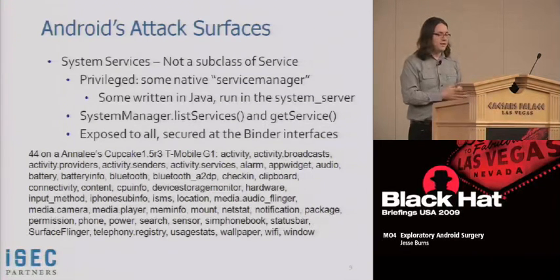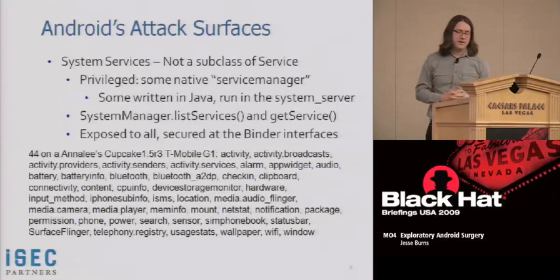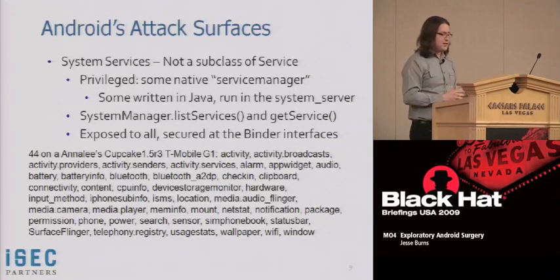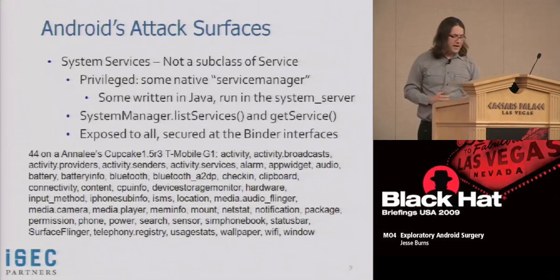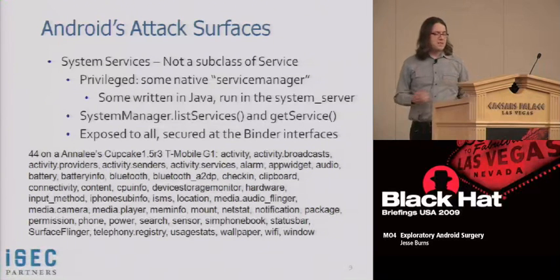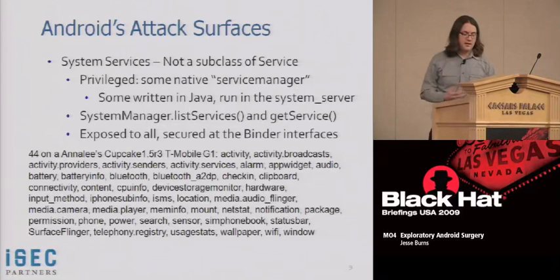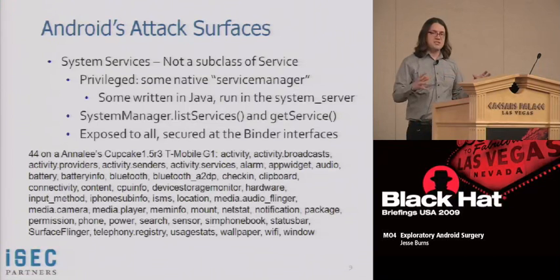So on my Cupcake 15R3 emulator, I only have 42 services running, and this is a list from Annalee's phone. She's got 45 or so, 44, and that's because the emulator doesn't have Bluetooth. So it kind of makes sense. You can call context.getService, and that'll expose you the service manager's service list.